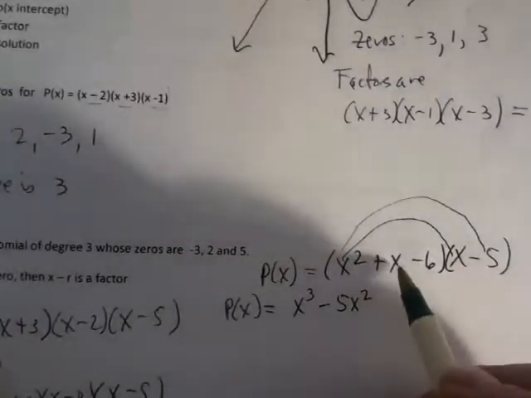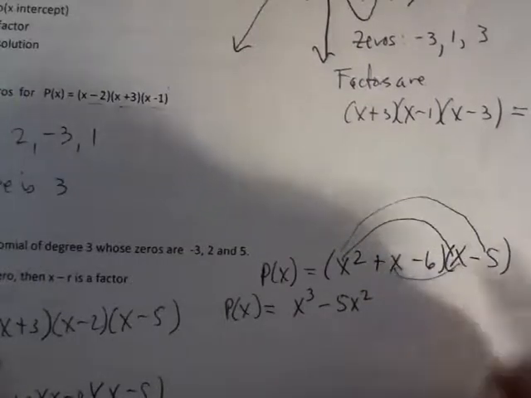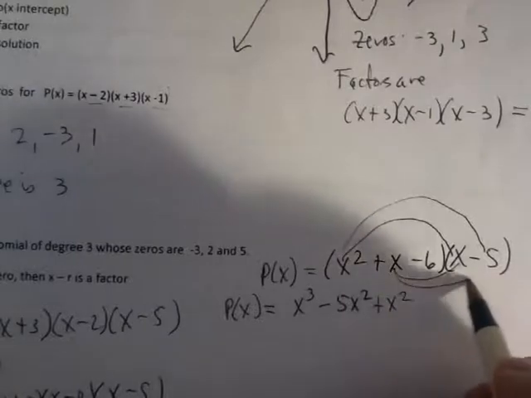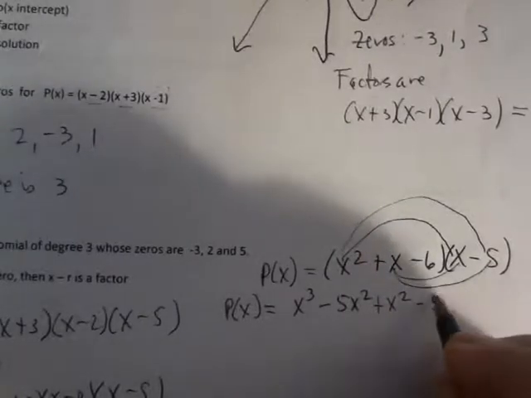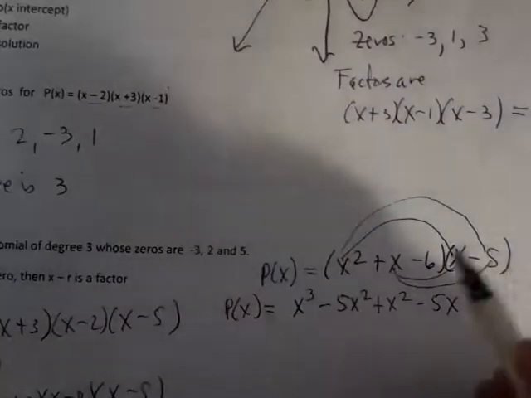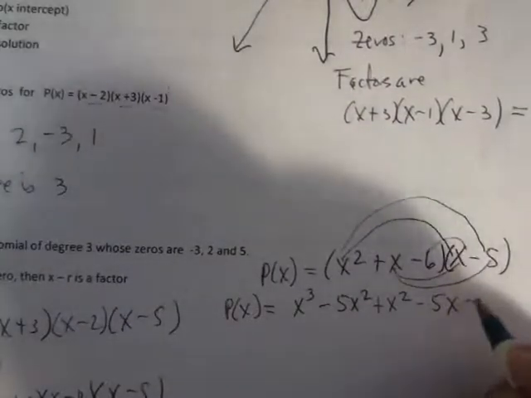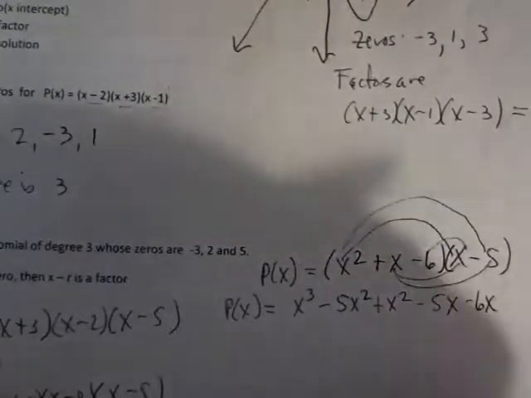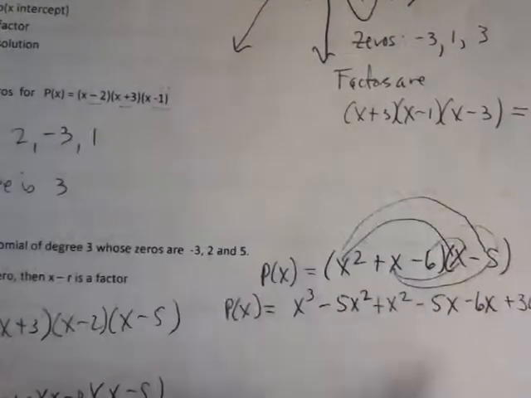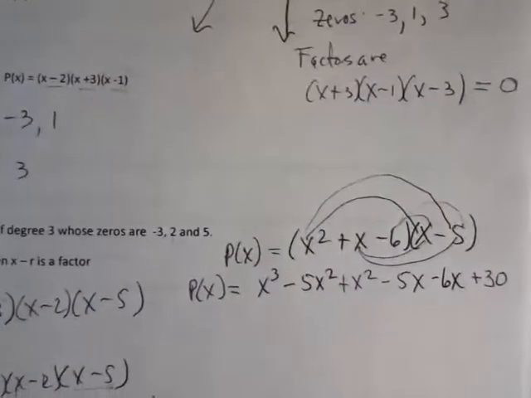Then I now take the x times the x here to get plus x squared. Take the x times the negative 5 to get negative 5x. And then lastly, I take the negative 6 times the x to get negative 6x, and the negative 6 times the negative 5 to get a positive 30.